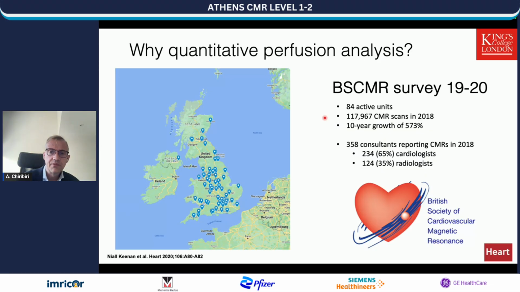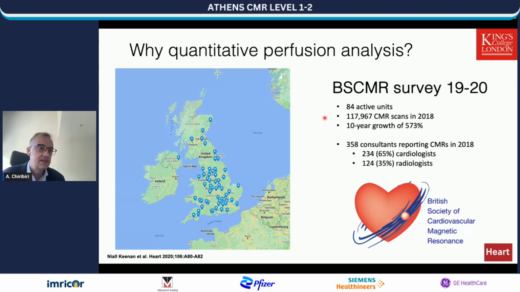These are numbers from 2019, 2020 from a British Society of Cardiac MR survey, indicating that, for instance, in the UK, there were more than 115,000 scans performed, and there were 84 active units at the time.